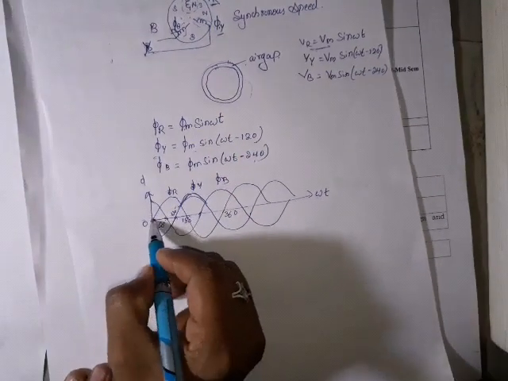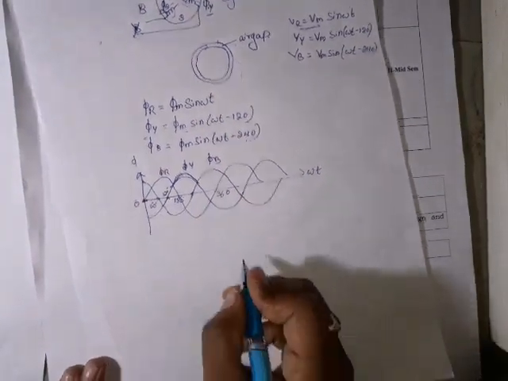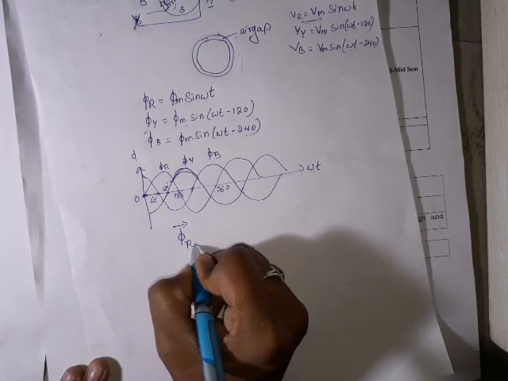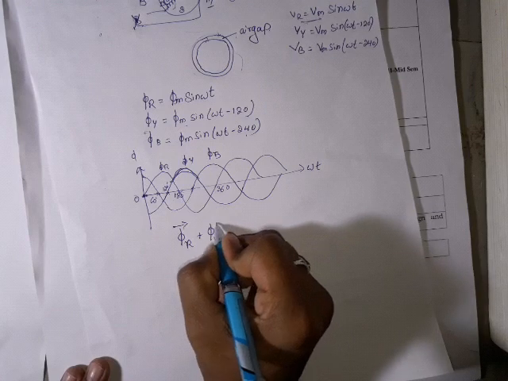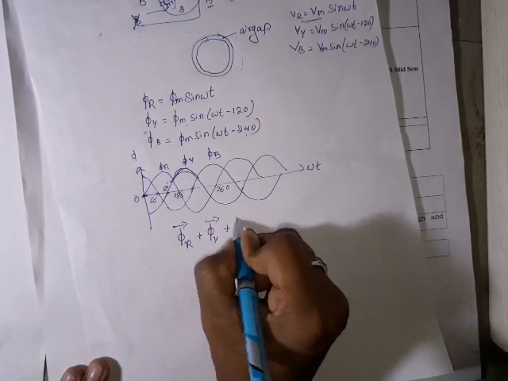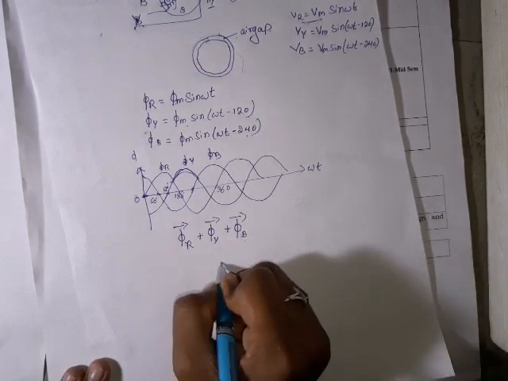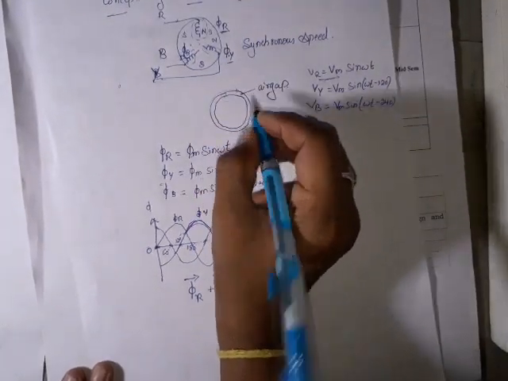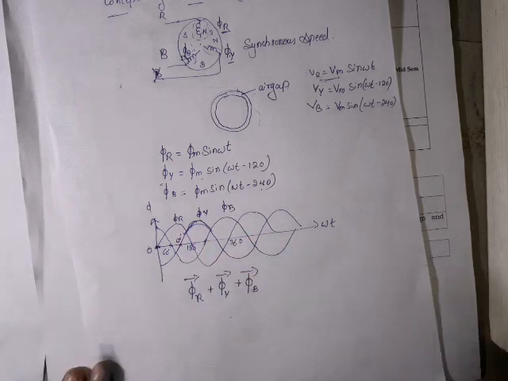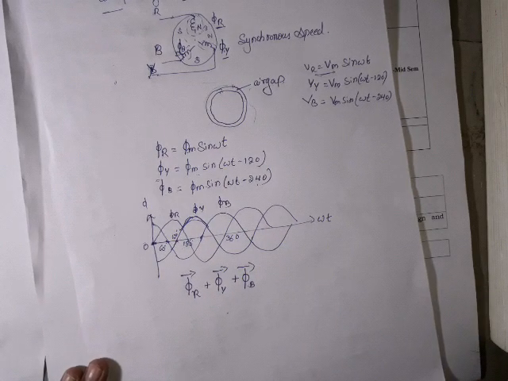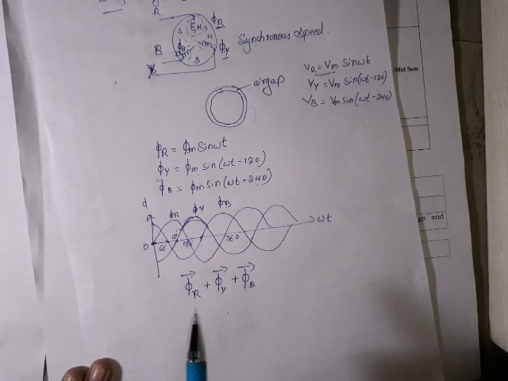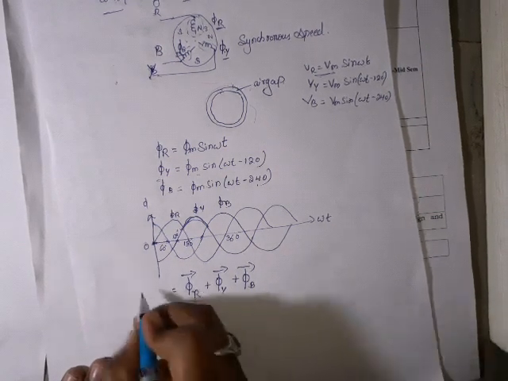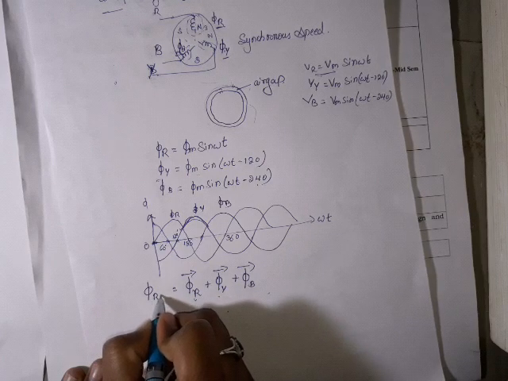It is phi R plus phi Y plus phi B, the vector sum. That is the resultant flux acting in the air gap, so it is a rotating flux. A rotating flux should have some magnitude, so what is that magnitude? It is the vector sum of these three. Let me call it the resultant.